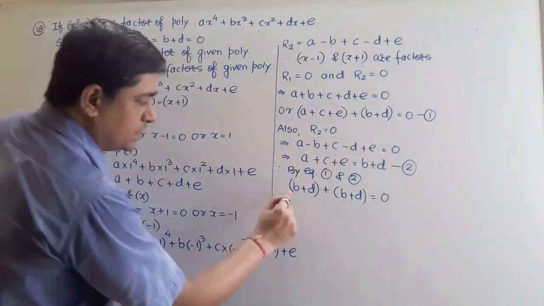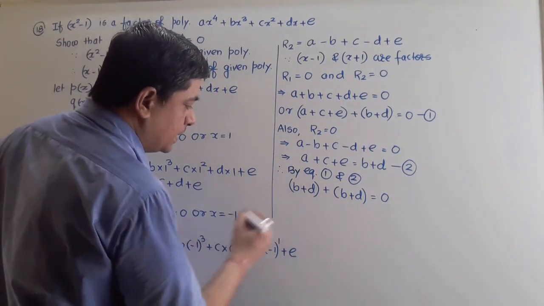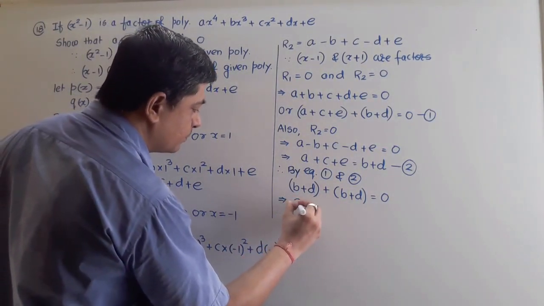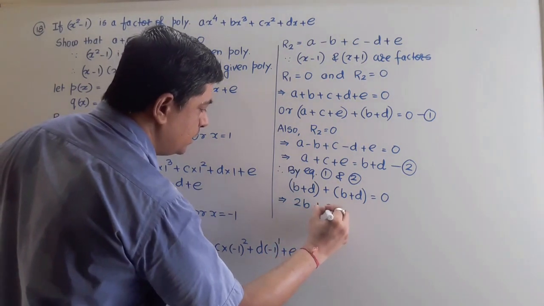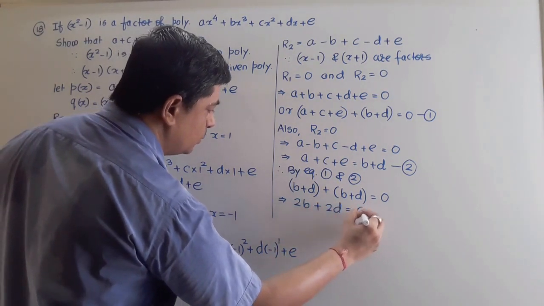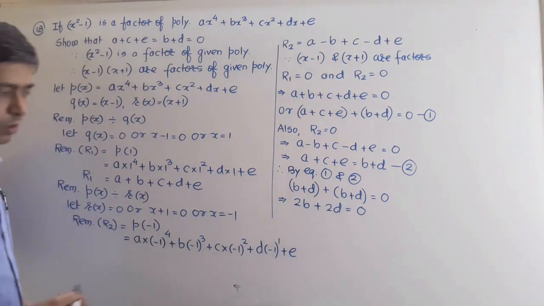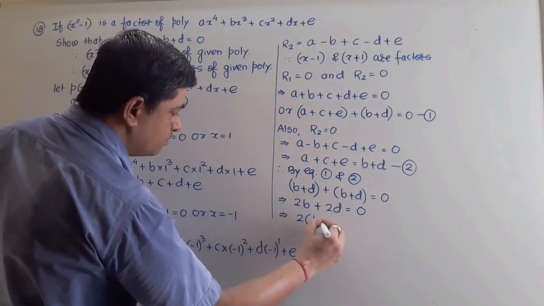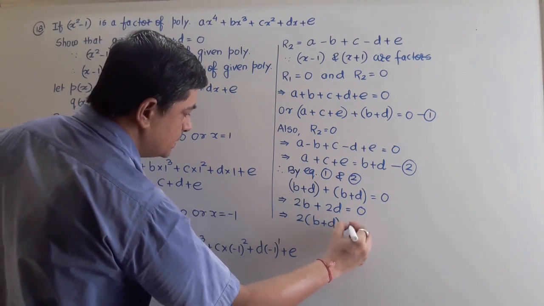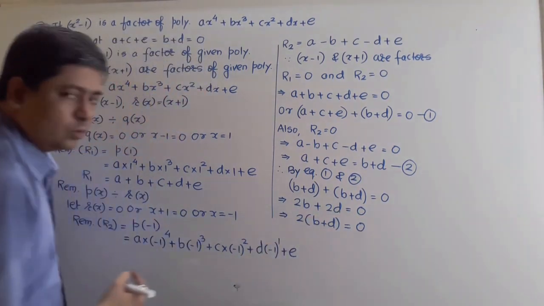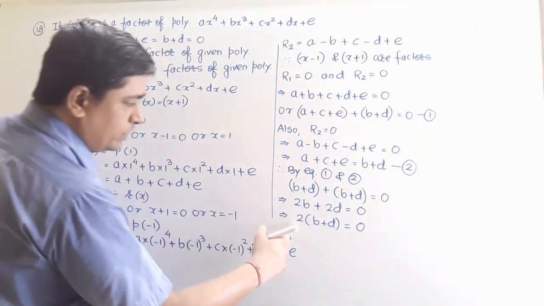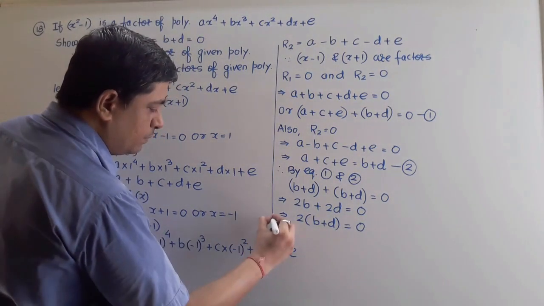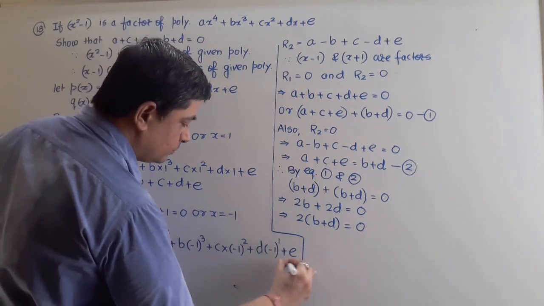Now you observe b and b, if you add, that will become 2b, and d plus d you add, that will become 2d. Now if I take 2 common, this will be 2 into the bracket b plus d is equal to 0. Since 2 is common, 2 will go to the other side upon 0, it will become 0. Right?